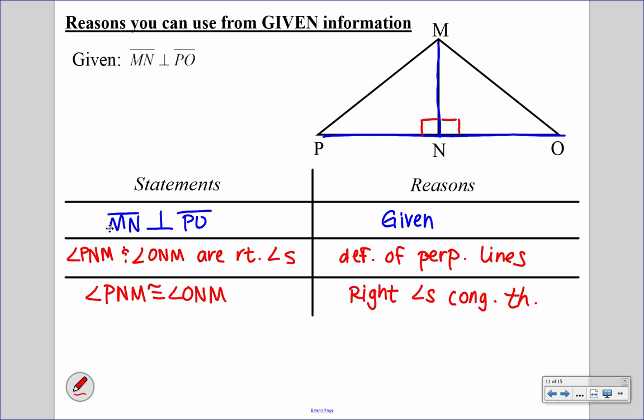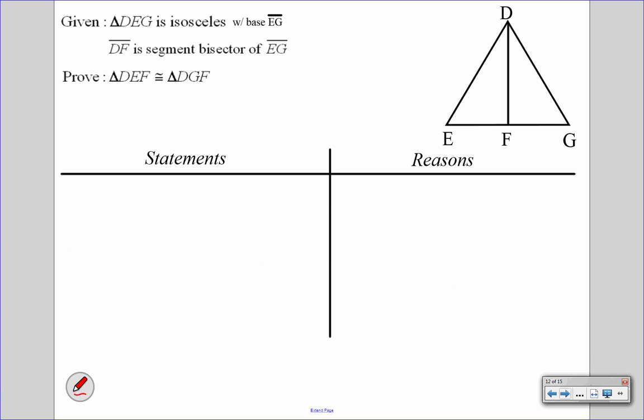All right, so let's take a look at some proofs using all of these different statements and reasons. Okay, so the first thing we're going to do is we're going to write our statement down, the given statement, the very one at the top. So we're going to write down that triangle DEG is isosceles with base EG.